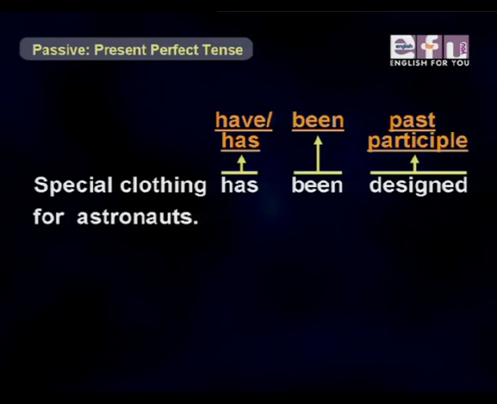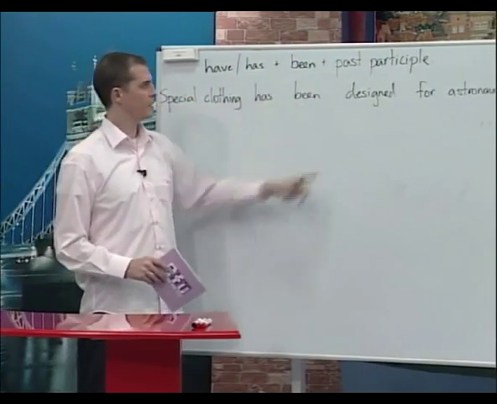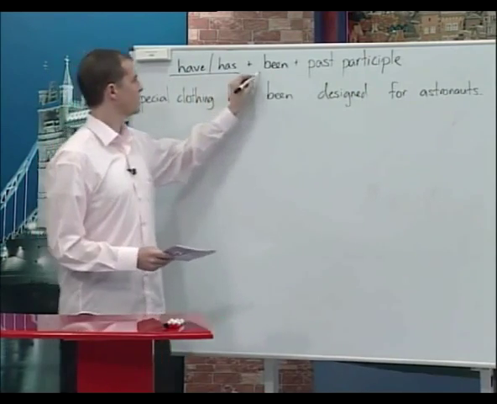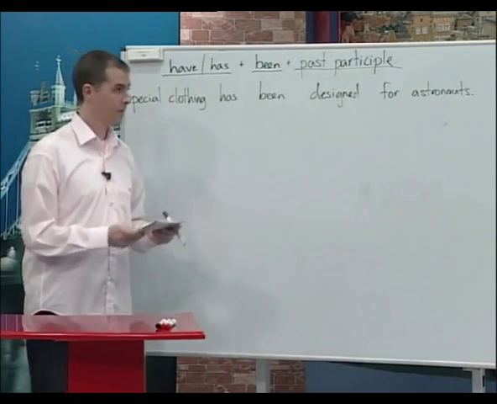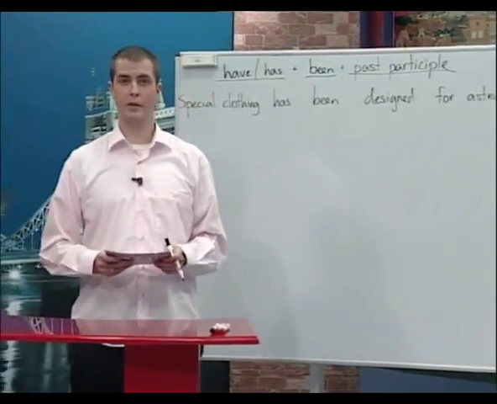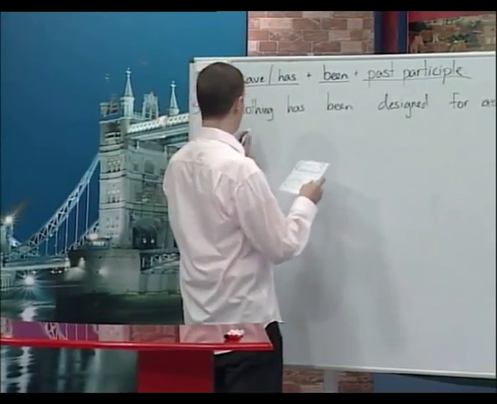Now, that is has been designed for astronauts. Special clothing has been designed for astronauts. Have and has been, past participle. Okay, to form the negative of the present perfect tense, we use have or has not.